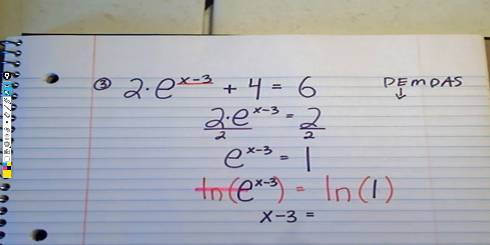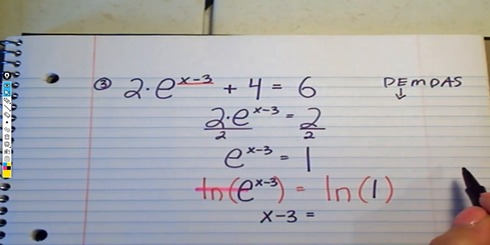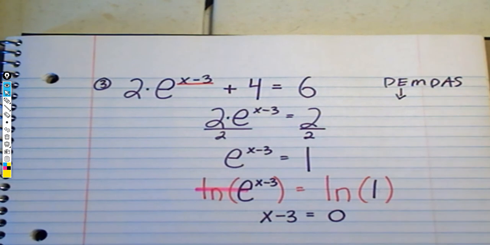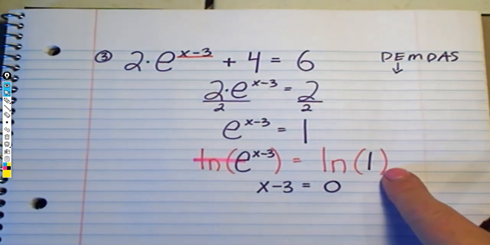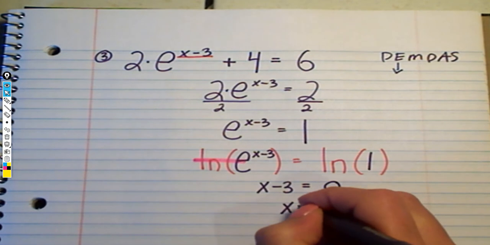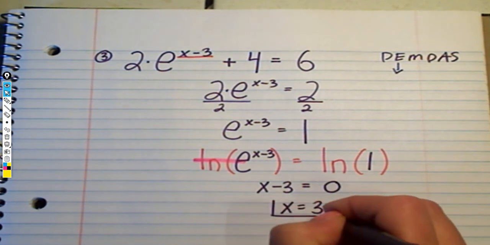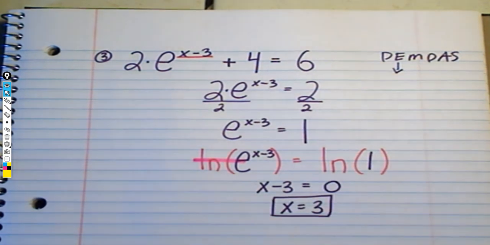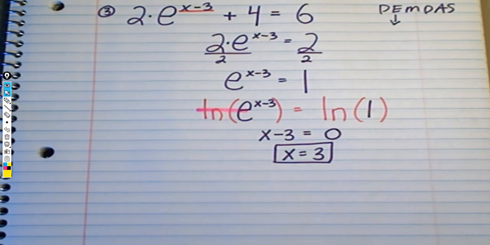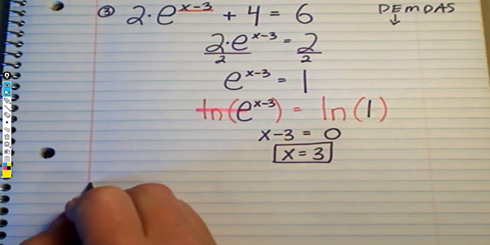Now, natural log of 1 is 0. I just happened to be able to evaluate that to a number, so I did. And then I continue solving for x. Whew. All right, let's do another example where we have a couple more operations here.